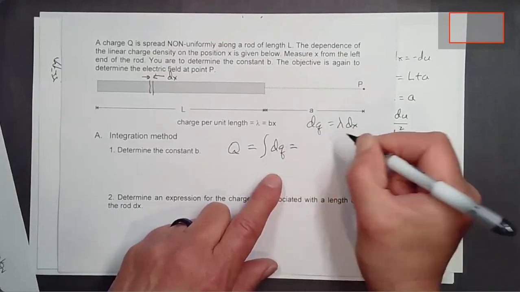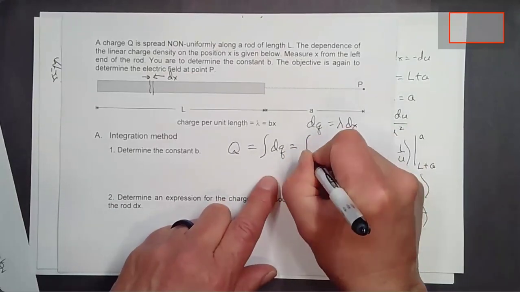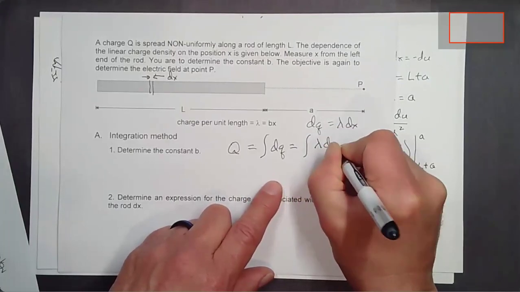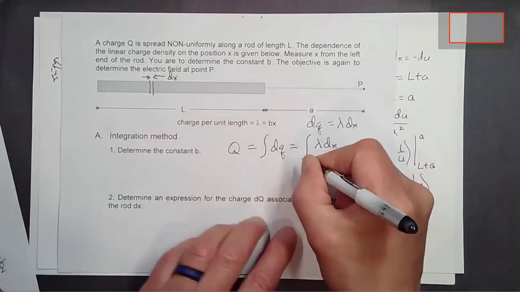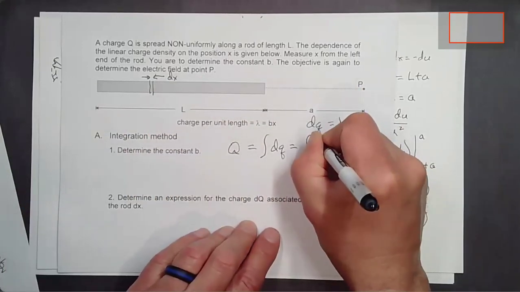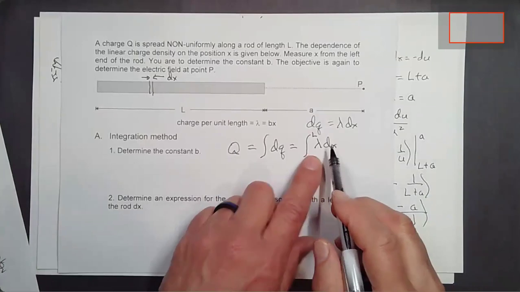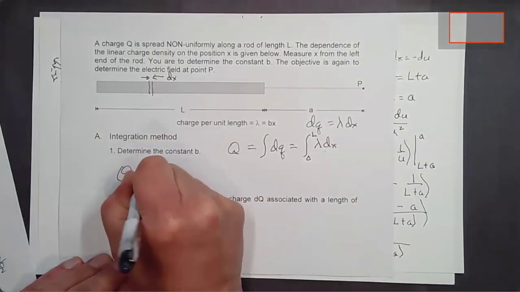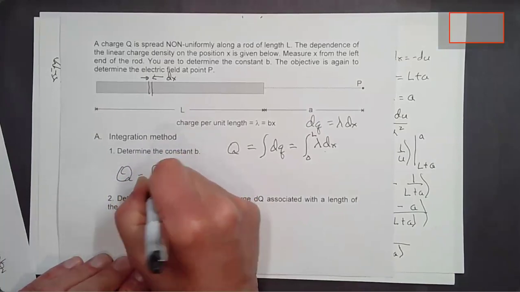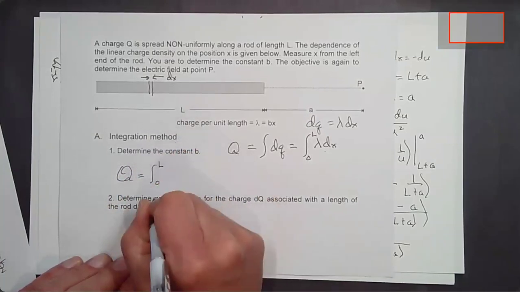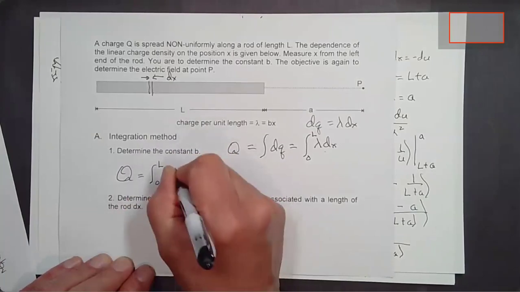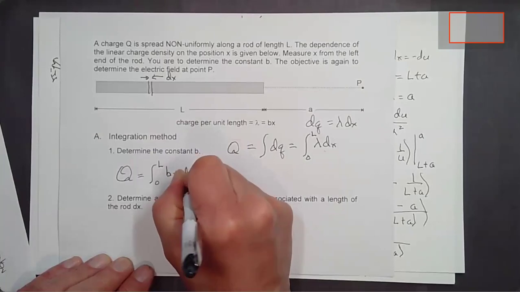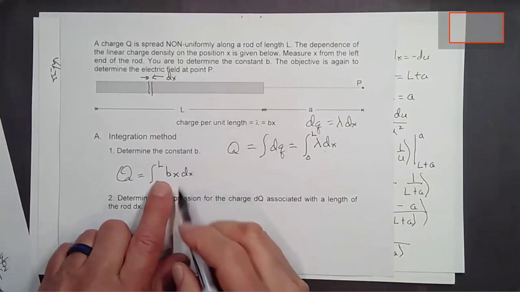So it would be the integral of lambda dx along that charge from 0 to L, and lambda is bx. So Q will equal the integral from 0 to capital L of bx times dx. And I can handle an integral like that.